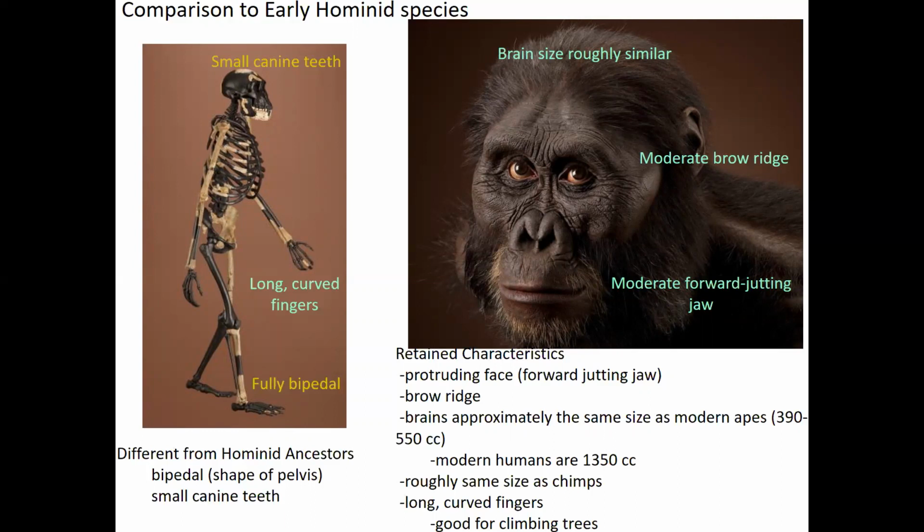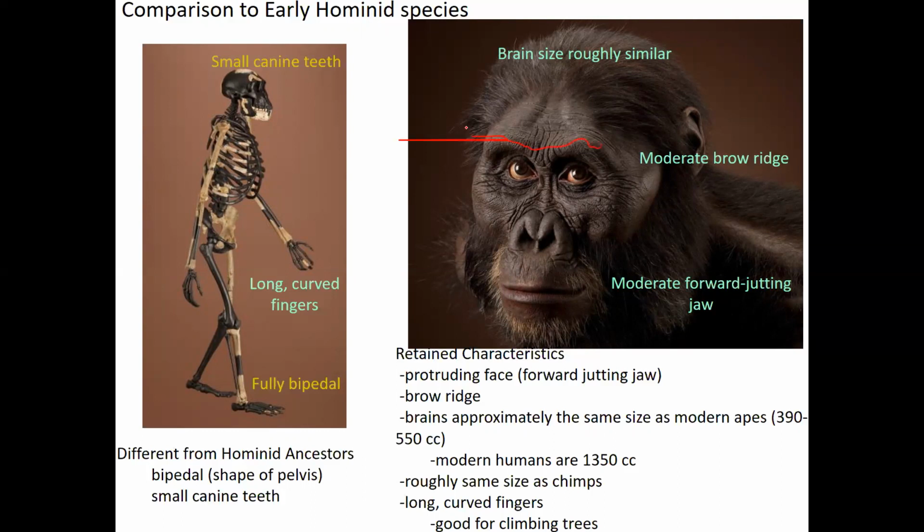Characteristics that they retained from their non-hominid ancestors was the protruding face, that forward jutting jaw, and the backward sloping forehead, the very prominent brow ridge. So this is the brow ridge right here.